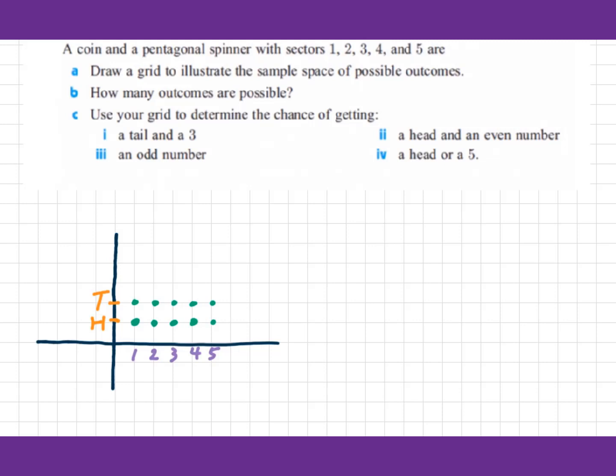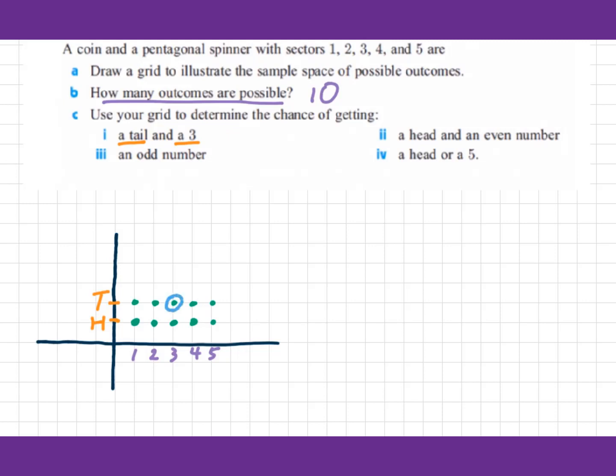For B, how many outcomes are possible? You will get how many green dots. That is 10. So we say 10. Use your grid to determine the chance of getting, which means the probability, a tail and a 3.